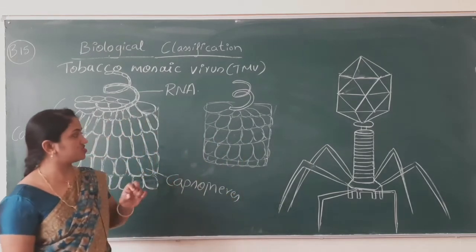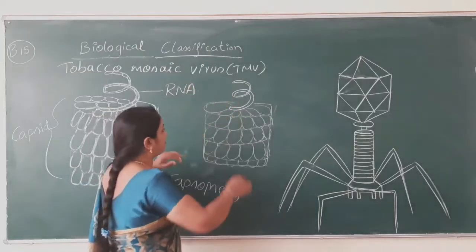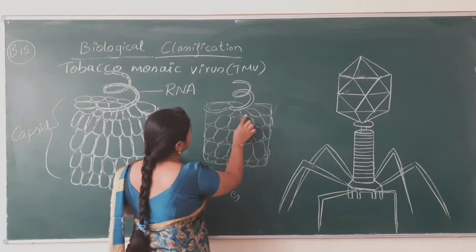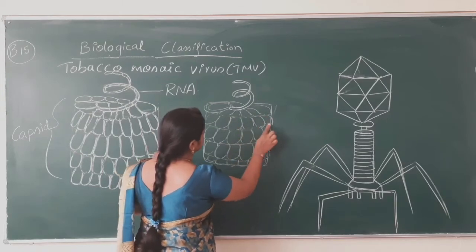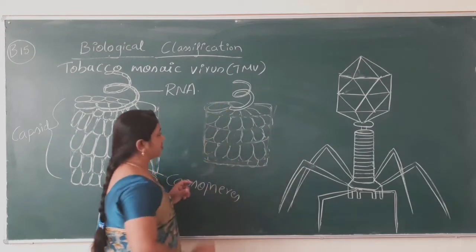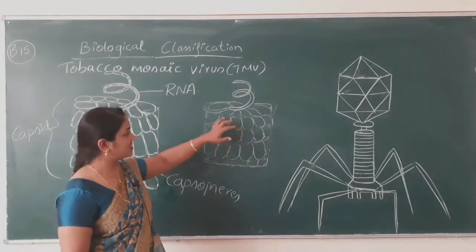Got it? So now the TMV diagram is ready. Now just erase the outlines, and if any of the subunits got erased, just rewrite it.